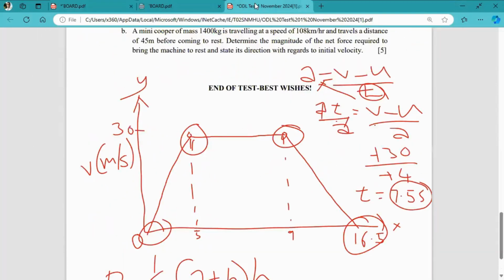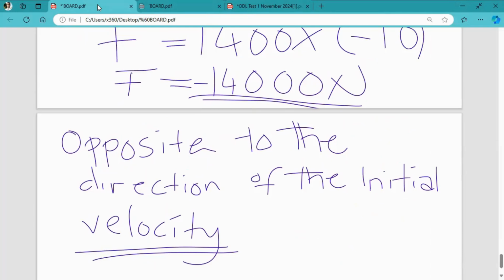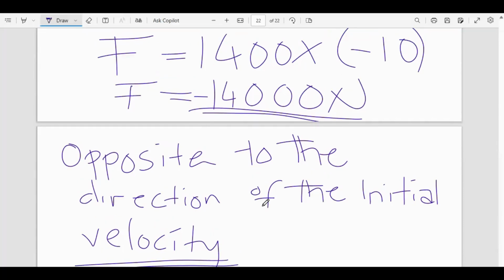One of them was asking us to determine the magnitude of the net force required to bring the machine to rest and then its direction. So the magnitude is 14,000 newtons, and it's a negative force since it's bringing this object to a stop, and it is directed opposite to the initial velocity. So that was all in this paper. And finally, I can say I'm done.